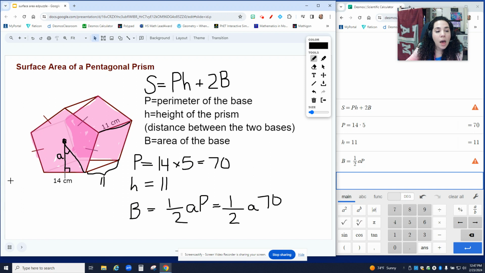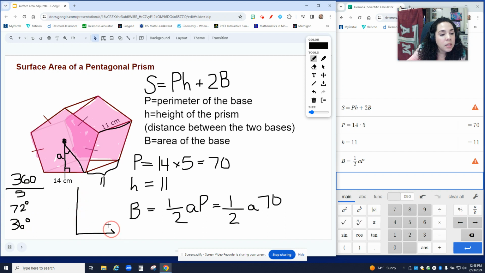If you have 5 sides on our polygon, we're going to divide 360 by 5, and that gives us 72 degrees. Well, 72 degrees would be if we were looking at one of those isosceles triangles. If we want to bisect that and make it a right triangle, we're going to cut that in half again. So that's where the 36 degrees is going to come from.